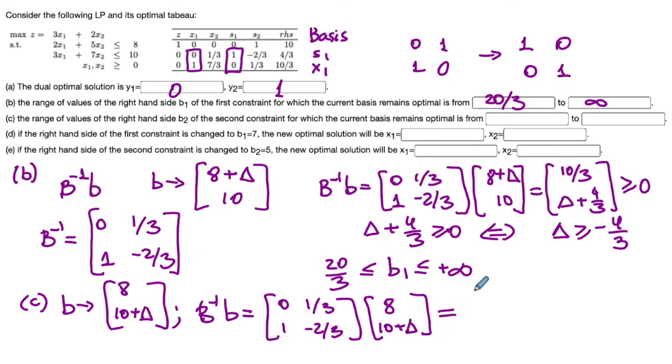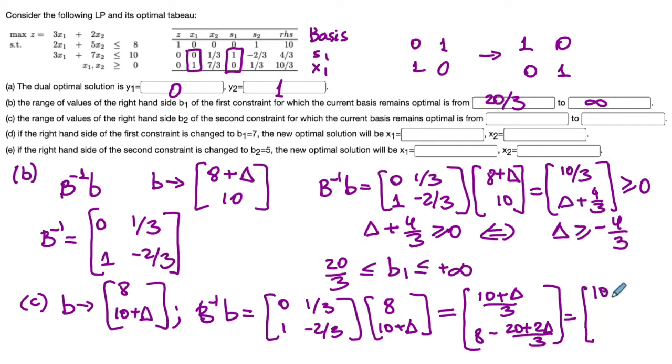This is equal to 10 plus delta over 3 for the first entry. And then 8 minus 20 plus 2 delta over 3 for the second entry. Which is the same as 4 minus 2 delta over 3.